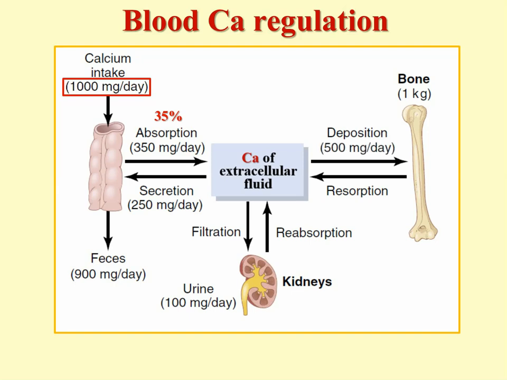Usually about half a gram daily is deposited into bone, and simultaneously half a gram daily is taken out of bone. But when the calcium level in blood and extracellular fluid changes, temporarily we can take more calcium from bone or deposit more calcium into bone, so as to keep the calcium of the extracellular fluid constant.